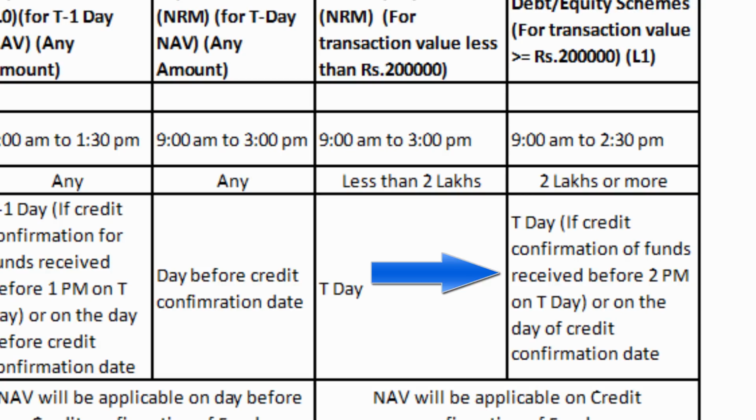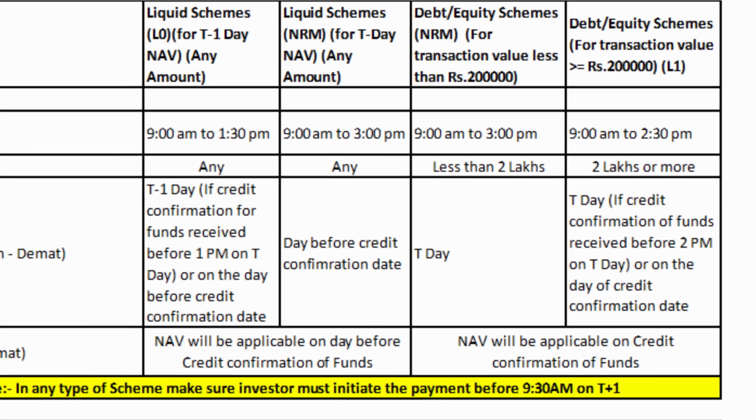In case the payments are initiated, however, if we do not receive credit by 2 p.m. on T day, your client will receive the NAV as and when the credit is done in BSE's account.